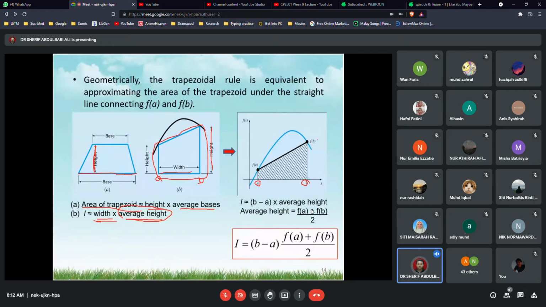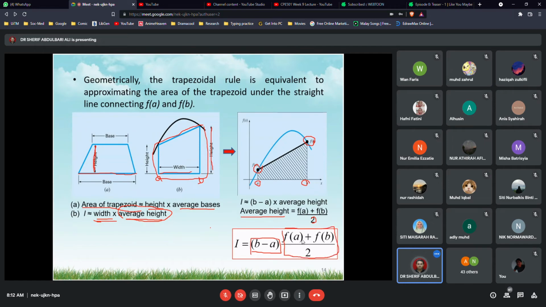How are you going to get the average of the height? You need to get the function of a plus the function of b, and divide by 2. So this is the average of the height. Now if you combine all, this is your width, and this is the average of the height.